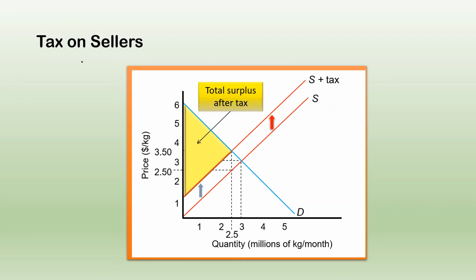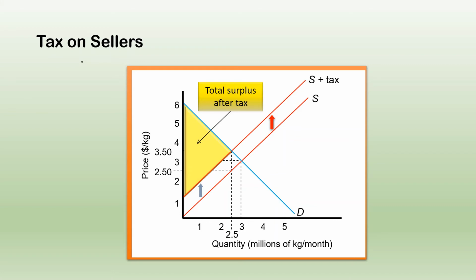The third party in this market, other than consumer and producer, is the government, which is generating tax revenue by imposing a tax of $1 on each 1 kilogram of quantity sold in this market. And how can we find the amount of the tax revenues to the government?